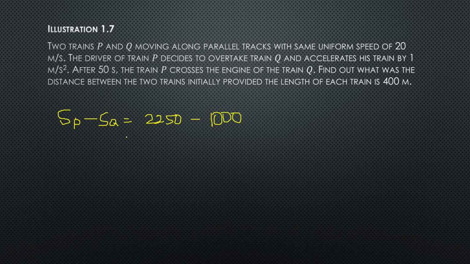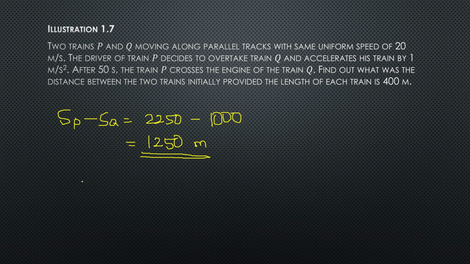So this will give you 1250 meters. This 1250 meters must be equal to the initial distance between the trains plus the lengths of the two trains.